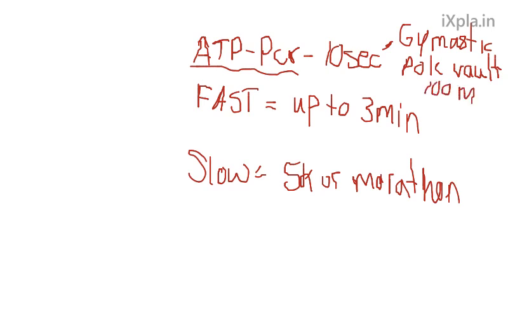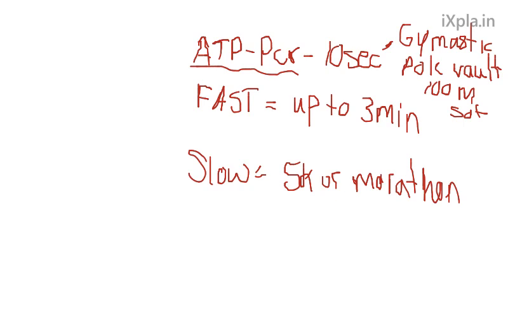A 100-meter sprint only lasts about 10 seconds, if you're at world record speed, but you need energy extremely fast, so you rely on the ATP-PCr system. You also use that for a softball pitch. Anything where you need energy extremely fast, and the duration that you need the energy is only like 2 seconds or 10 seconds long, you use the ATP-PCr system.